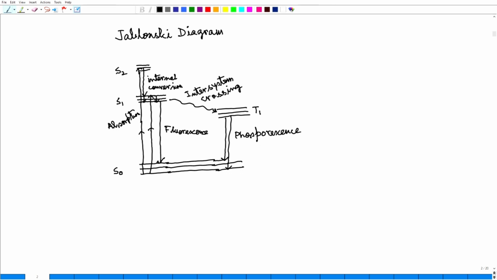No. Usually, fluorescence lifetime is normally 10 to the power minus 8 to 10 to the power minus 9 second.